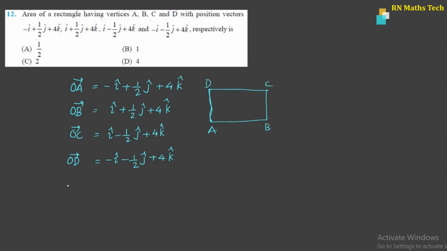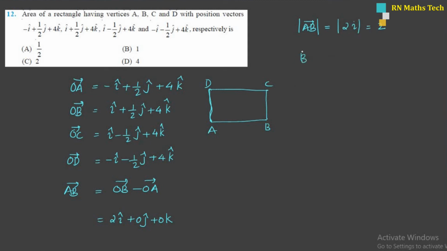Now AB is equal to OB minus OA, that is position vector of B minus position vector of A. i minus minus i, 2i. Half j minus half j, 0j. 4k minus 4k, 0k. Modulus of vector AB, that is the length of this rectangle, modulus of 2i is equal to 2.